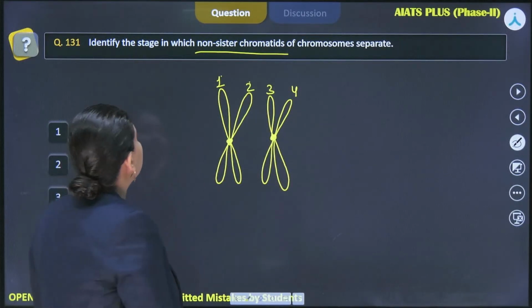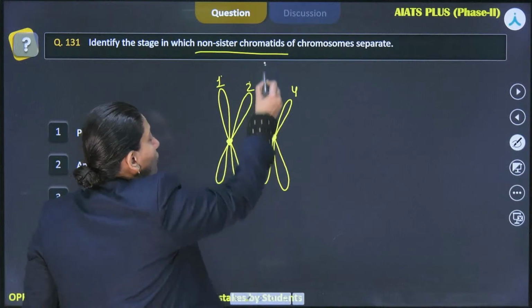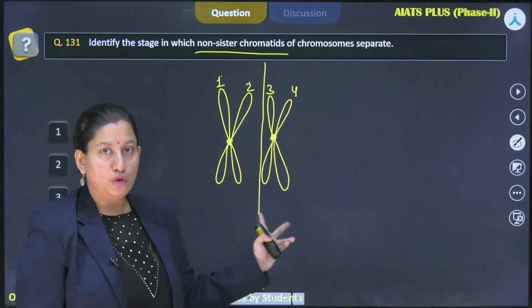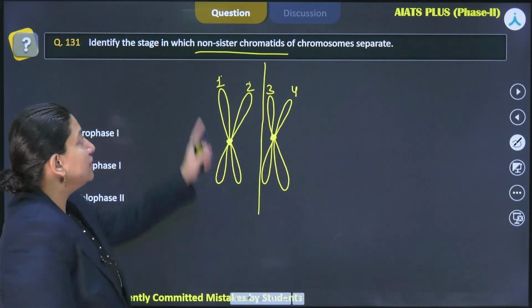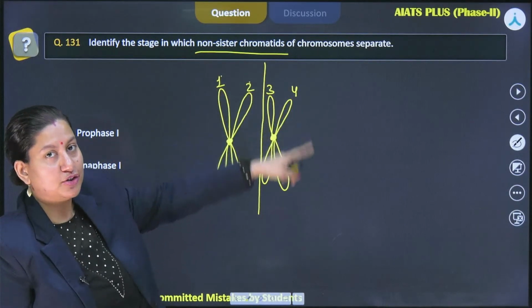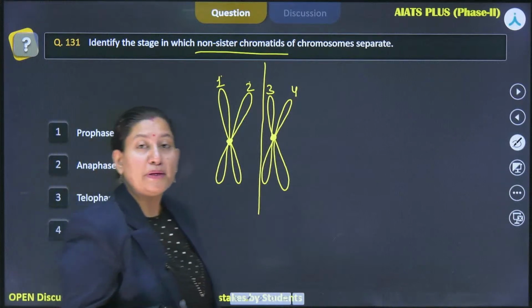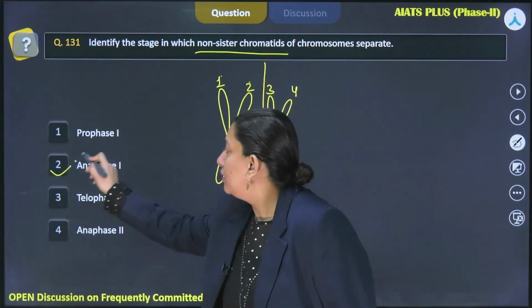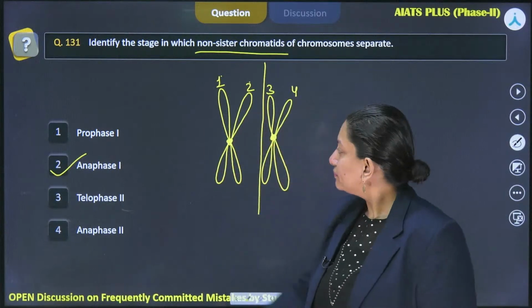So they are saying that the stage in which non-sister chromatids separate, that means separation of homologous chromosomes, right? Another way of writing it would be the separation of non-sister chromatids. So separation of homologous chromosomes is a characteristic event of anaphase 1, right?